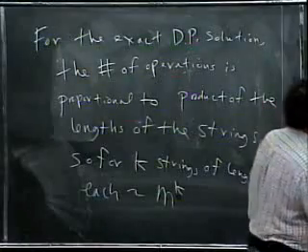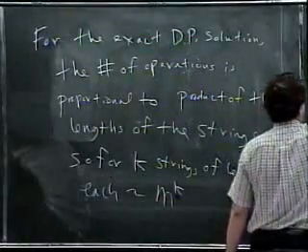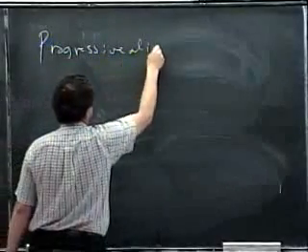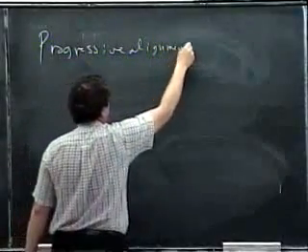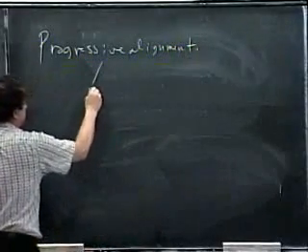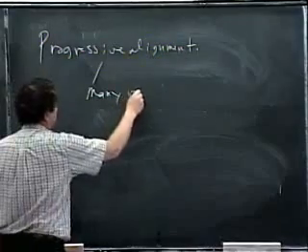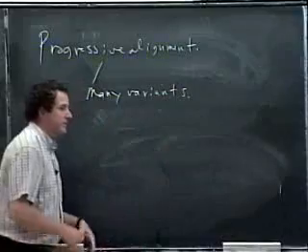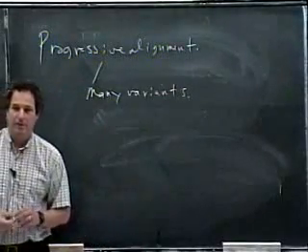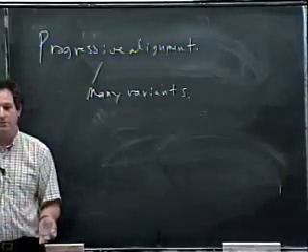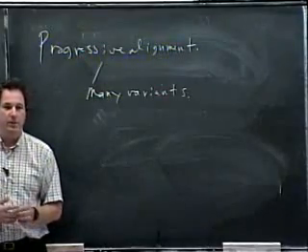A totally different idea is something called progressive alignment. And there are, again, many, many variants of this. But they all have the same kind of flavor. They're very similar, which is that you have these multiple sequences. Let's say we have k of them.